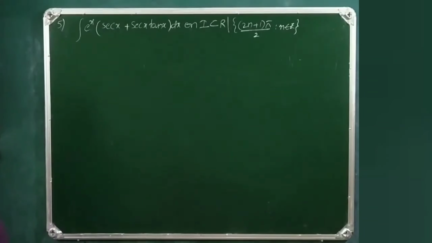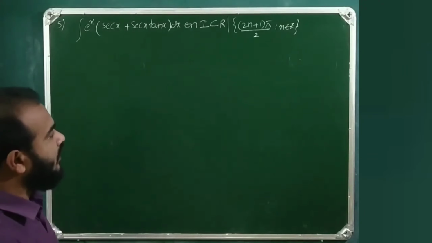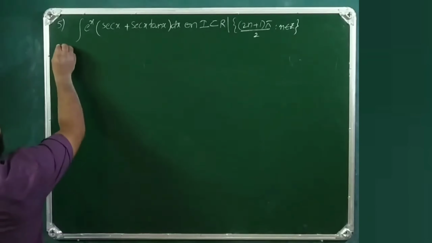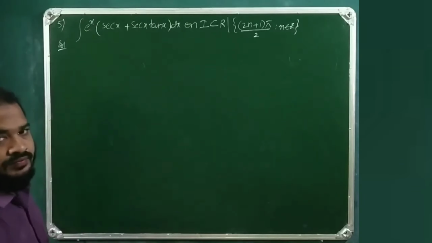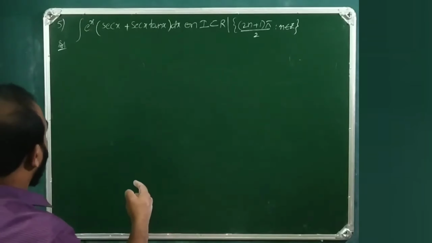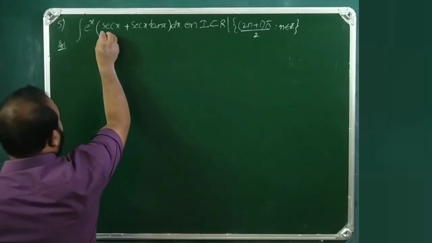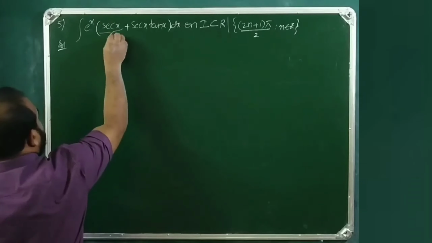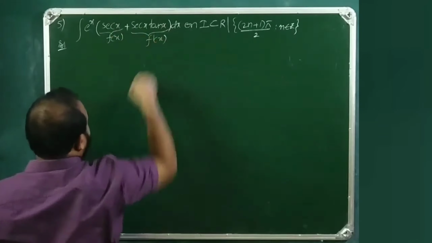Integral e power x into secant x plus secant x tan x dx on I, a subset of R, where I excludes (2n plus 1) pi by 2, n belongs to Z. So this is of the form e power x into f of x plus f dash x dx, and we need to check which is f of x and which is f dash x. We know that d by dx of secant x is secant x tan x. Therefore, this is f of x and this is f dash x.